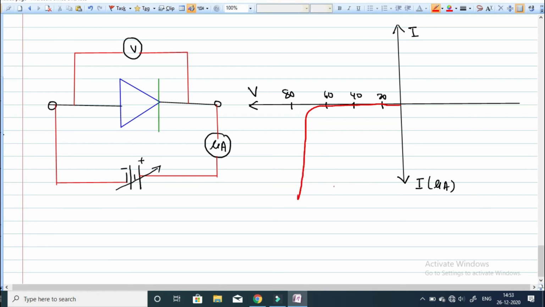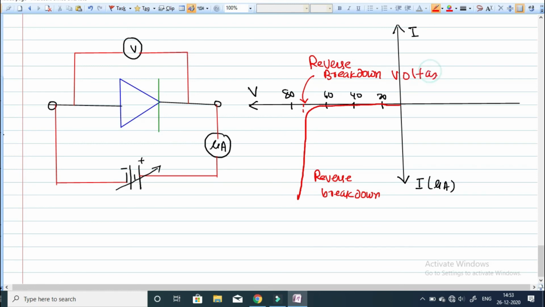This is known as reverse breakdown. Suddenly the current will increase heavily, and this voltage is known as the reverse breakdown voltage.